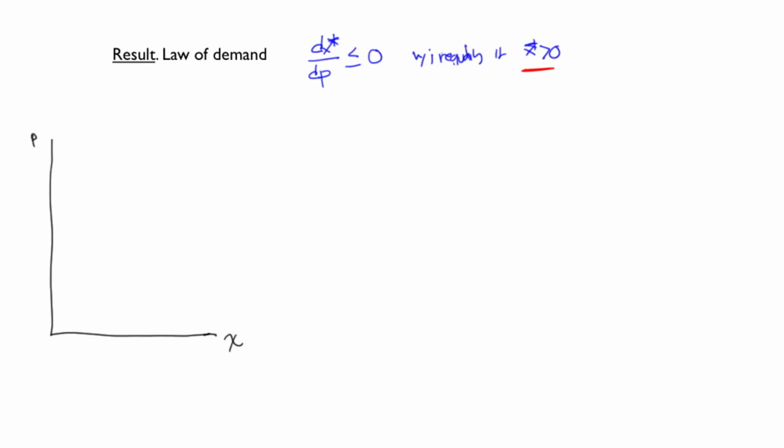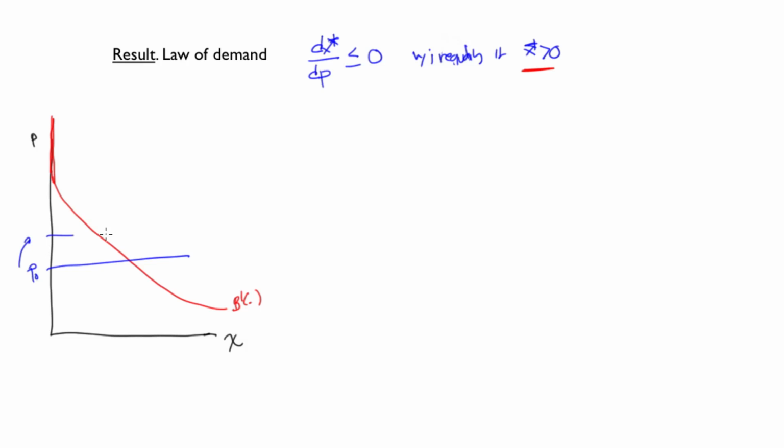Remember that the demand function may look something like this. It's determined by the marginal benefit function. And we know that the marginal benefit function, as x goes down, is going to be increasing by the assumption on the second derivative. Now, suppose that you are at a point at any price P, let's say here. What happens as you increase the price?